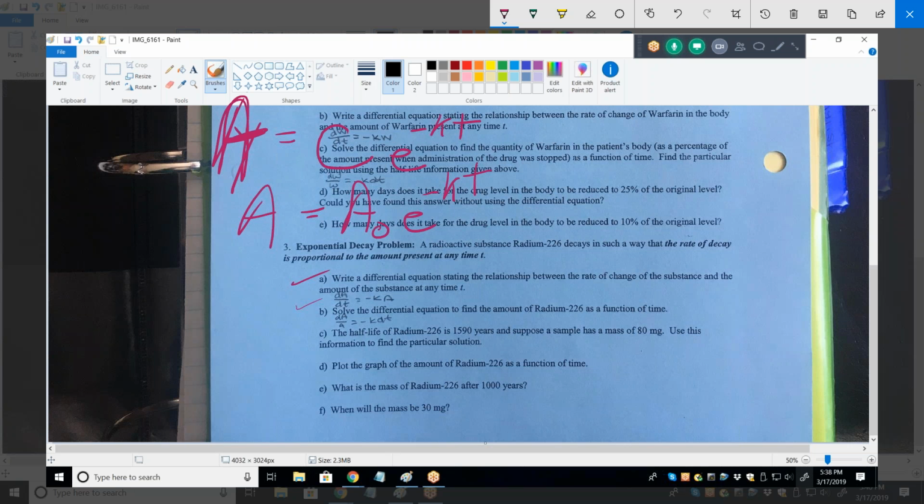So, okay, we've done A and B. The half-life is 1,590 years. So what's that let us solve for? Give me an equation to write that we can solve.